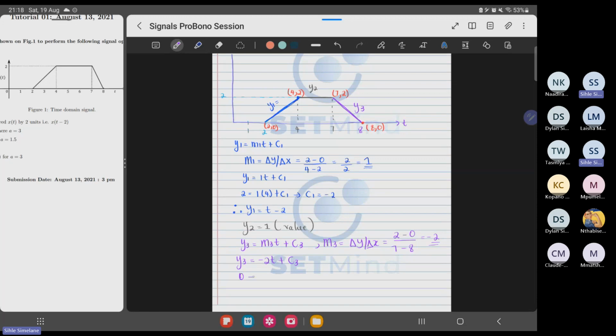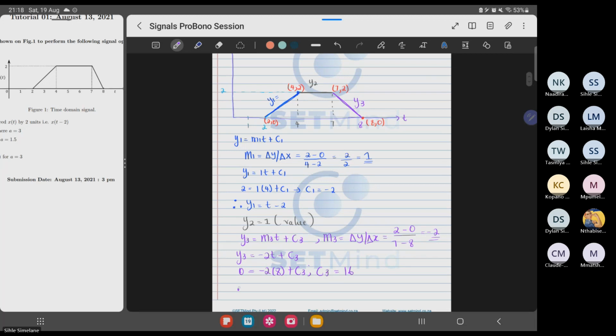So Y is 0 and X is 8. So if you look carefully, our C3 will simply be 2 times 8, which is 16. So therefore, my Y3 is simply -2t plus 16.